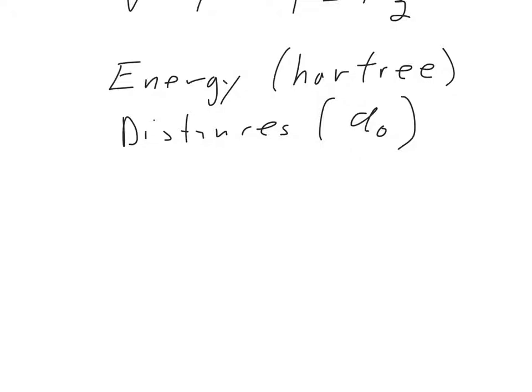To me, the easiest way to do this problem is to first write the relevant energies in atomic units, and we have E equals, for a hydrogen atom, minus 1 over 2 n squared. In the n equals 1 and n equals 2 levels, that's minus 1/2 and minus 1/8.